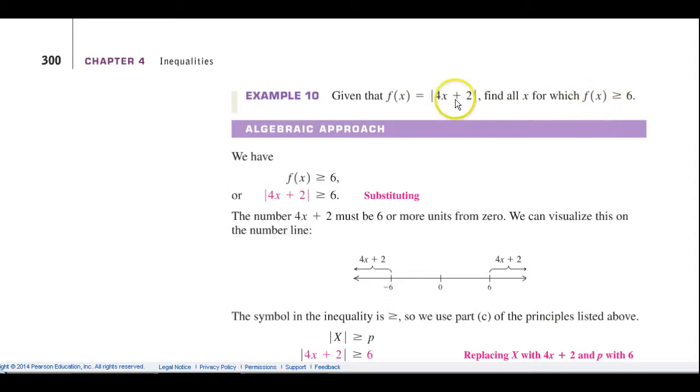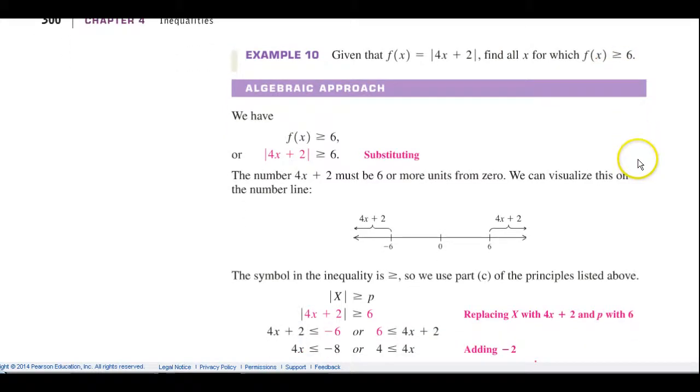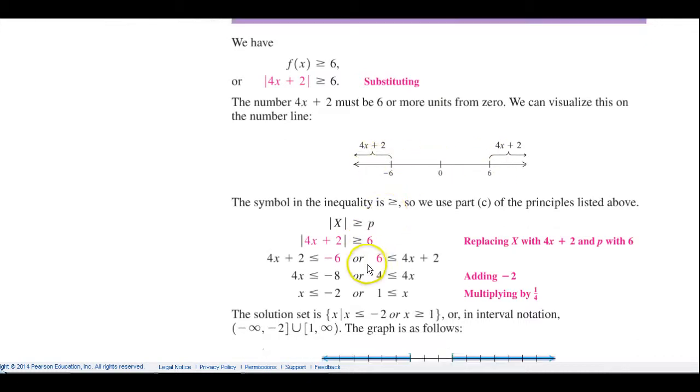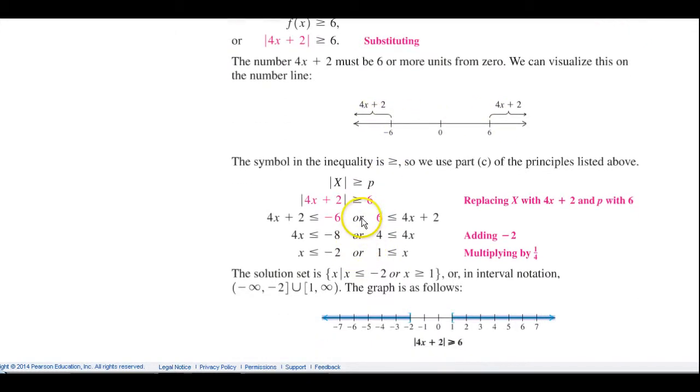now they're saying when this absolute value is greater than or equal to 6, this is where you will have a disjunction. And they're doing them right here, and they're using the right letters. Remember, this will be equal to a negative 6 or a positive 6.